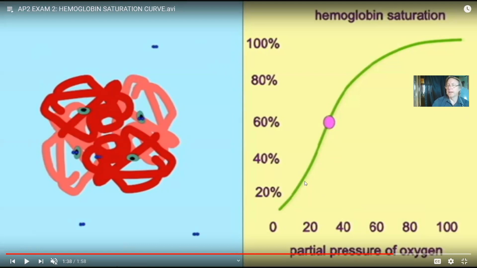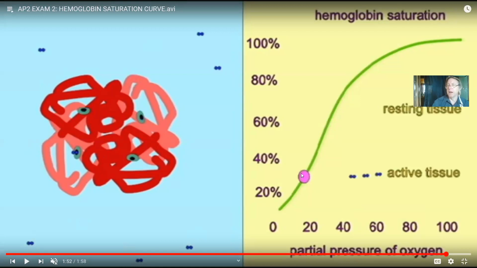When I get to an active tissue, like my arm that was holding something up, now the partial pressure is 20. At this higher level of activity, because I'm using so much more oxygen, the partial pressure is less.